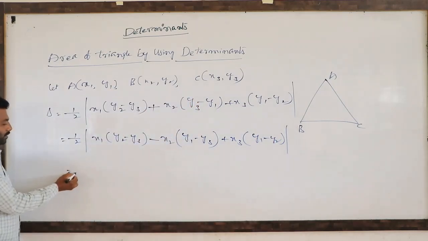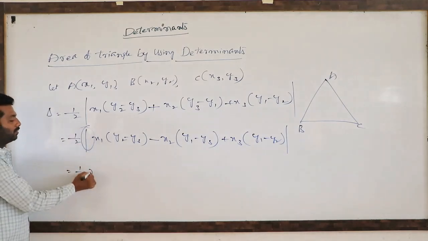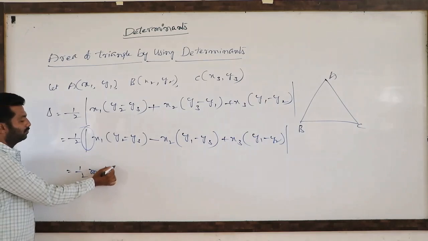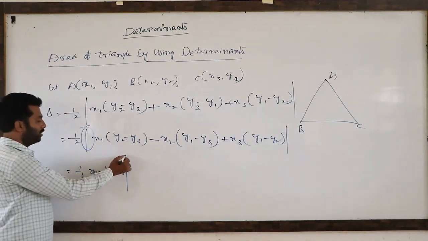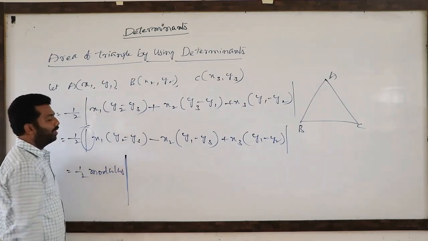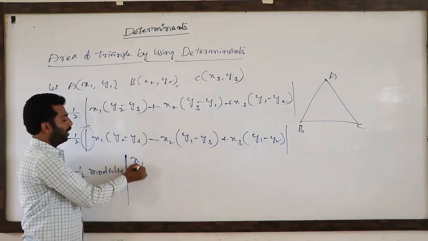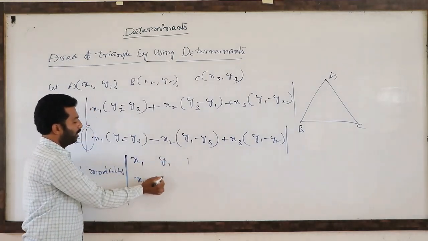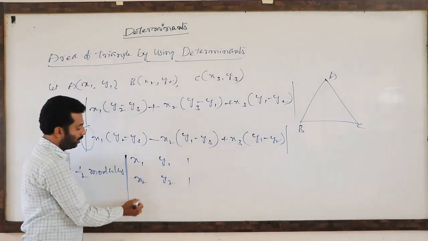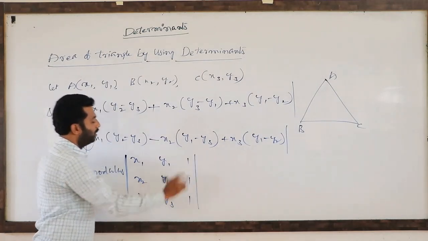So this is 1 by 2 into modulus of the determinant. This total expression we write as the determinant with rows x1, y1, 1; x2, y2, 1; x3, y3, 1.